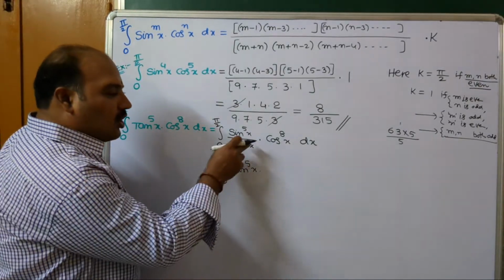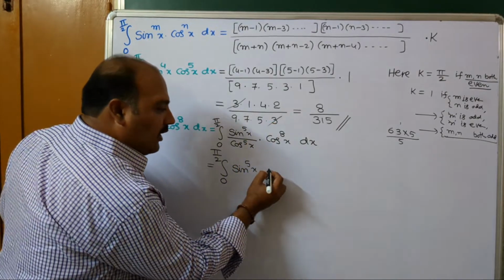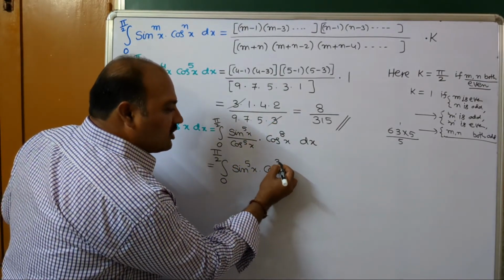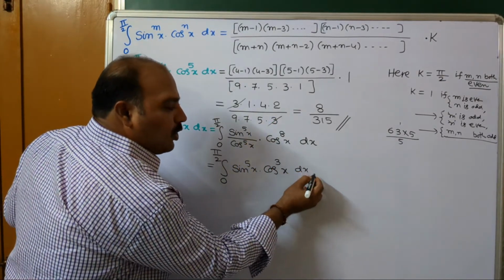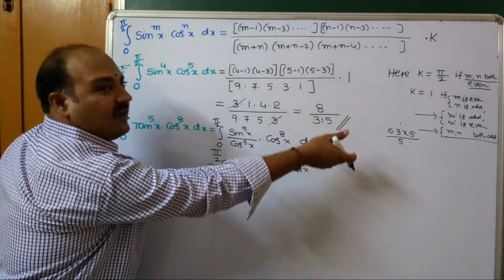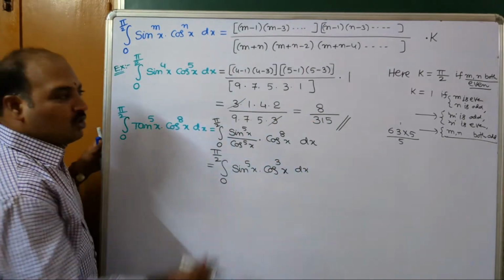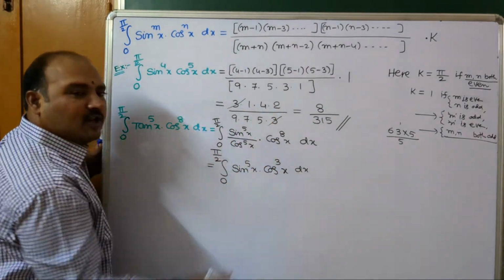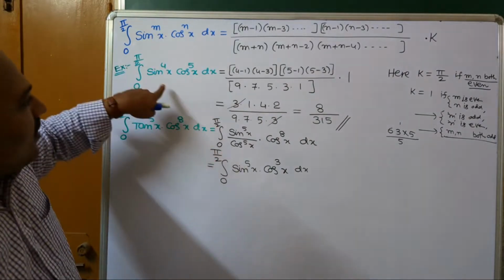So cos power 5x gets cancelled, remaining cos power 3x. A power 8 by a power 5 means a power 8 minus 5, which is 3. You can subtract these powers and write in the numerator.